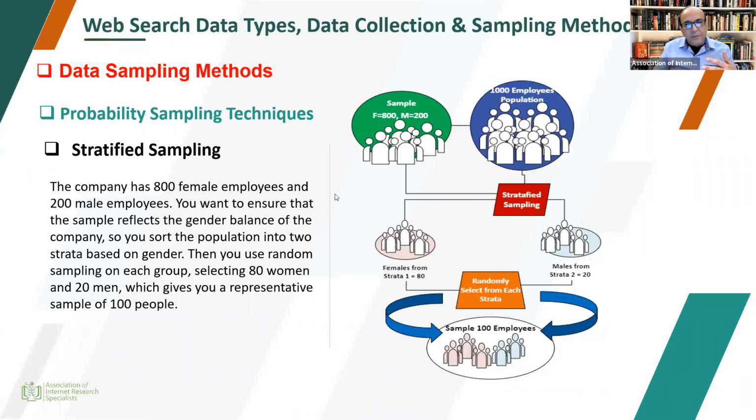Stratified sampling for starters. It's best explained if I can just show you this diagram over here. It is showing that supposing we have a population here of 1,000 employees, far too many for us to do any tests or obtain any information physically.